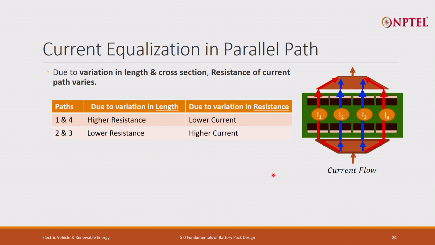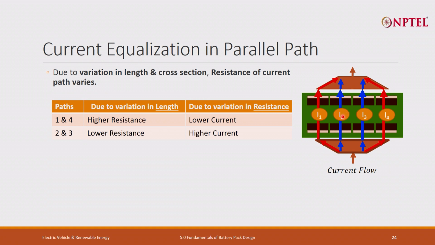If I keep the cross sectional area the same, paths 1 and 4 will have high resistance, and because of the high resistance, lower current will flow through paths 1 and 4. Paths 2 and 3, since the length is low, if I keep the cross sectional area the same, will have lower resistance and the higher current will flow.